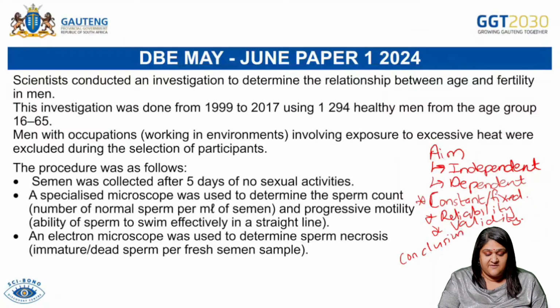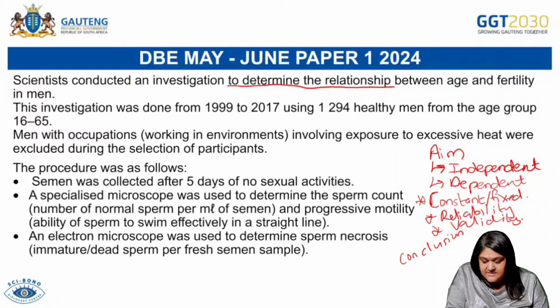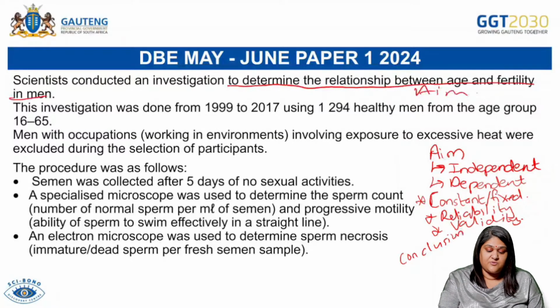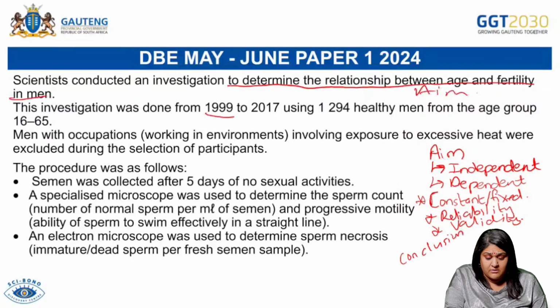Scientists conducted an investigation to determine the relationship between age and fertility in men. Now I'm seeing here to determine, so that means that this is my aim. This investigation was done from 1999 to 2017. Wow. Is that not a long time? How many years is that? That's like 18 years. Okay?